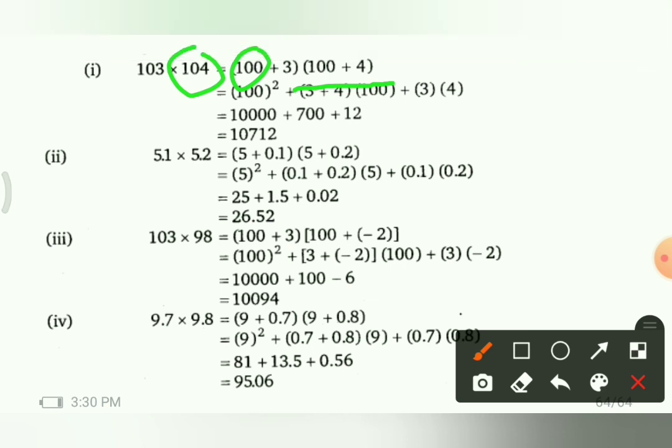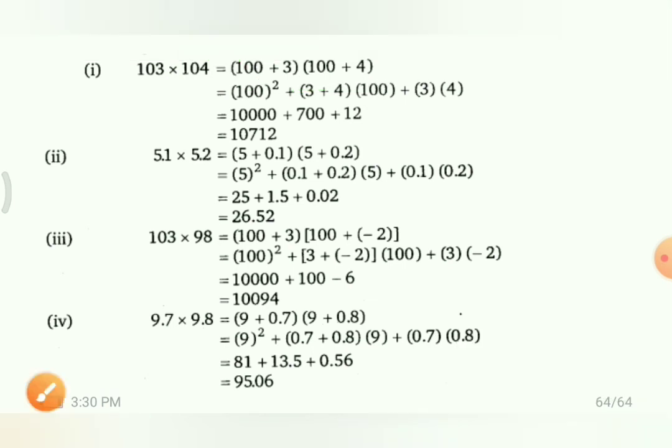A is 3. And what is b? B is 4. So we have to write directly as x square plus a plus b x. A is 3, b is 4. So a plus b, 3 plus 4, x. X is 100. In this way we solve and we'll get the answer. With this we have completed chapter number 9.